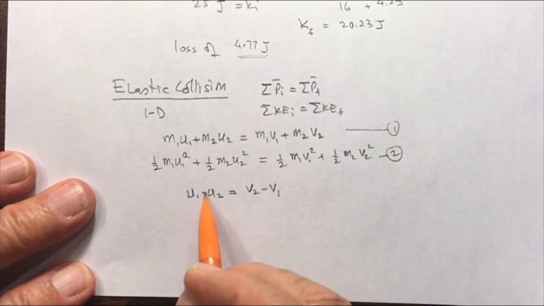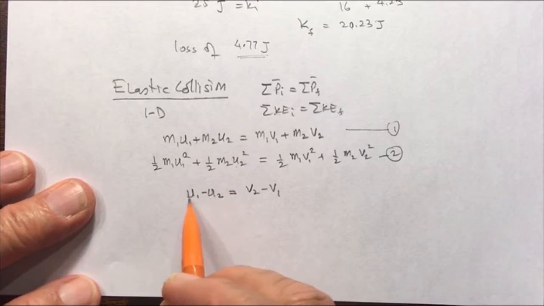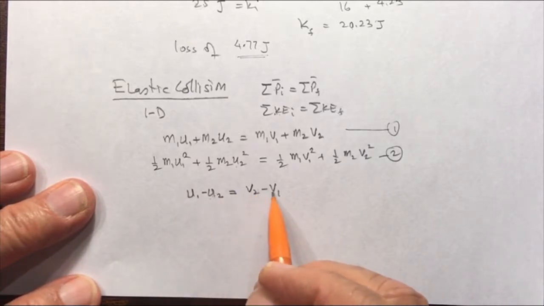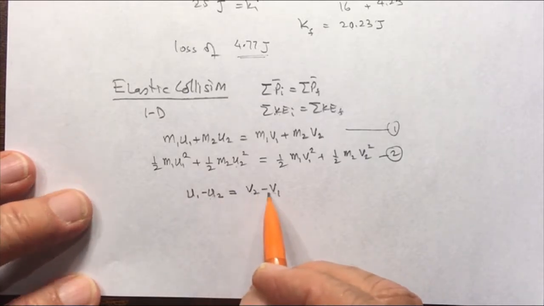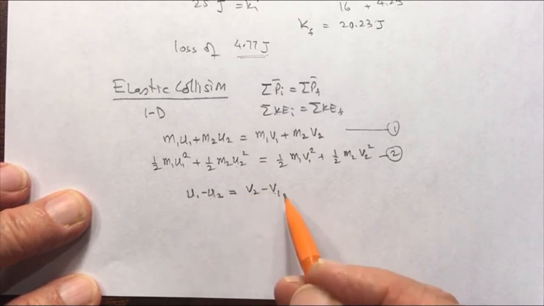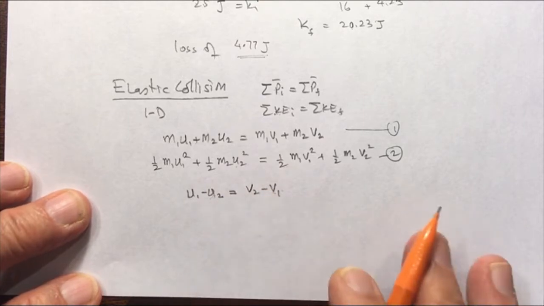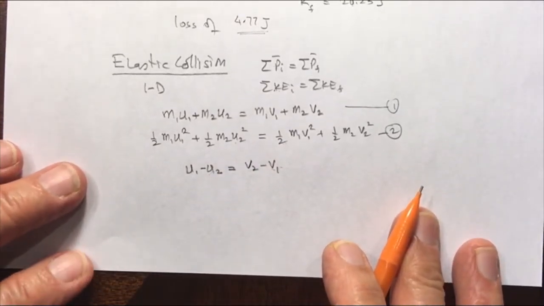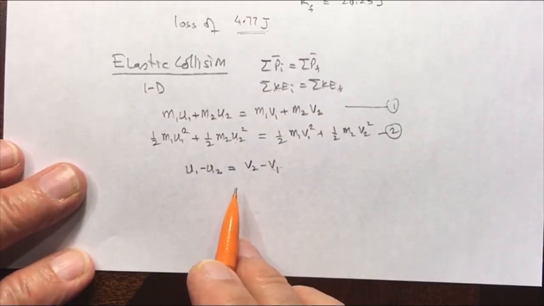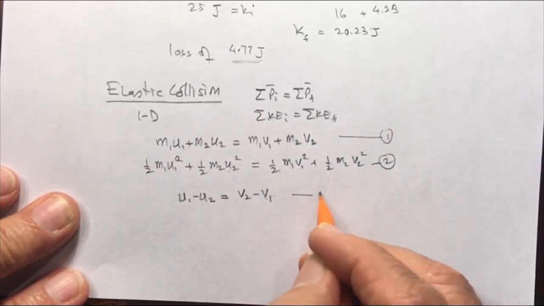So the difference in the two velocities before the collision is the same as the difference in the two velocities after the collision, but the sign is changed. But the magnitude of the difference of velocities remains the same. Now, this equation is number 3.